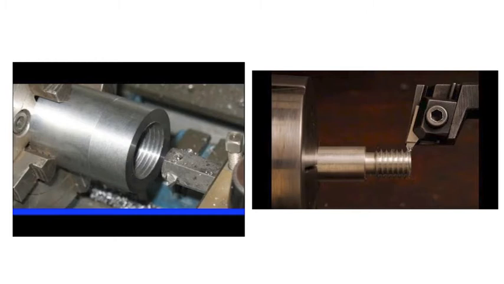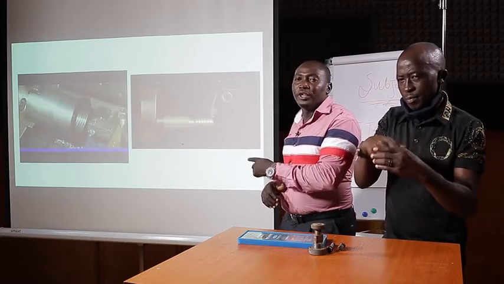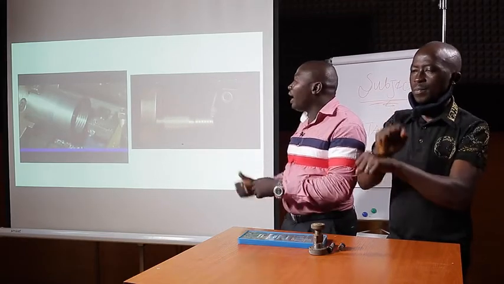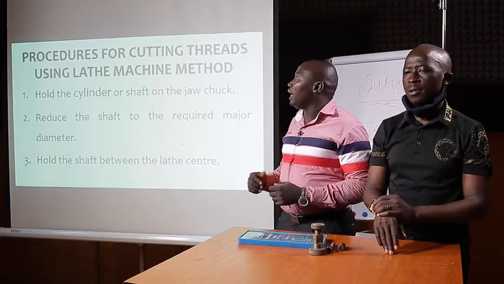The one on my left is the internal threading operation on the lathe machine, while the one on the right is the external threading operation. That is, the female and the male threads can be cut on the lathe machine. How do we do that on the lathe?